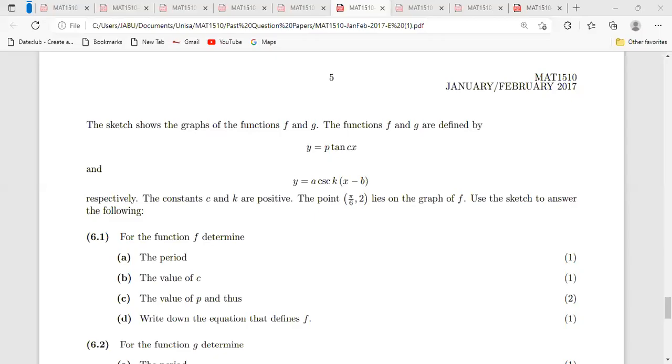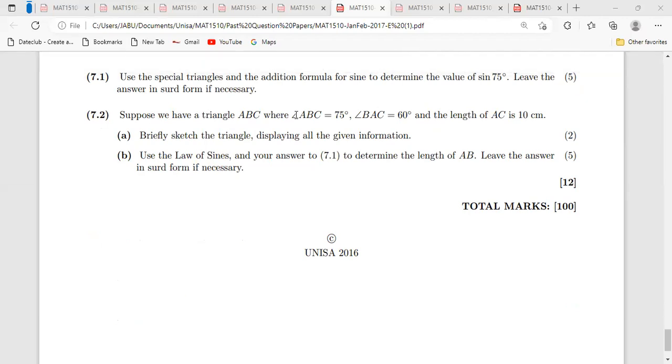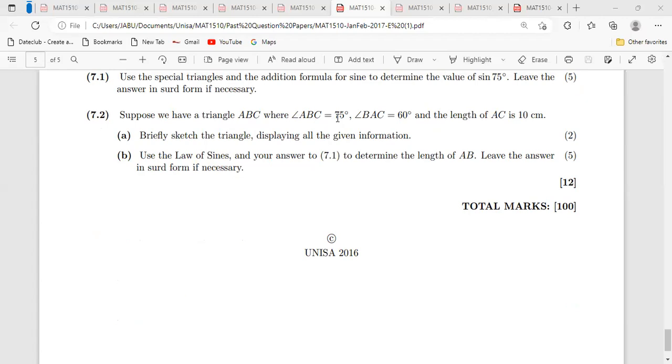This is January, February 2017, question 7.2. Suppose we have a triangle ABC, where angle ABC is 75 degrees.